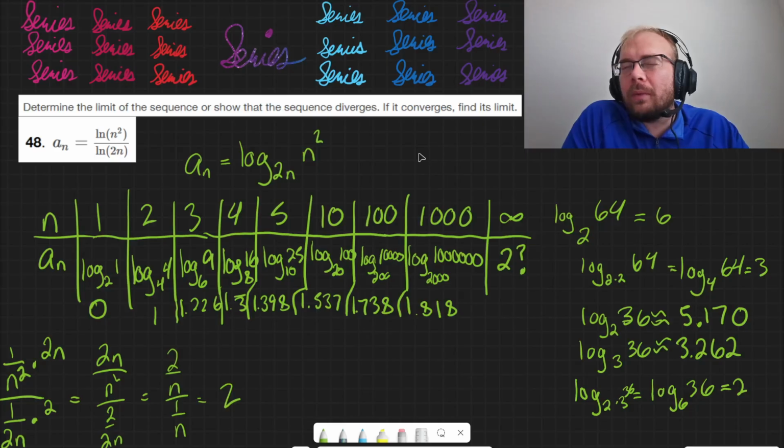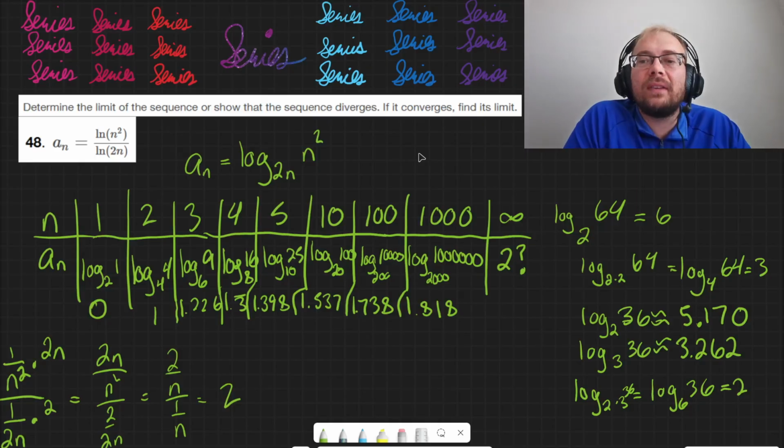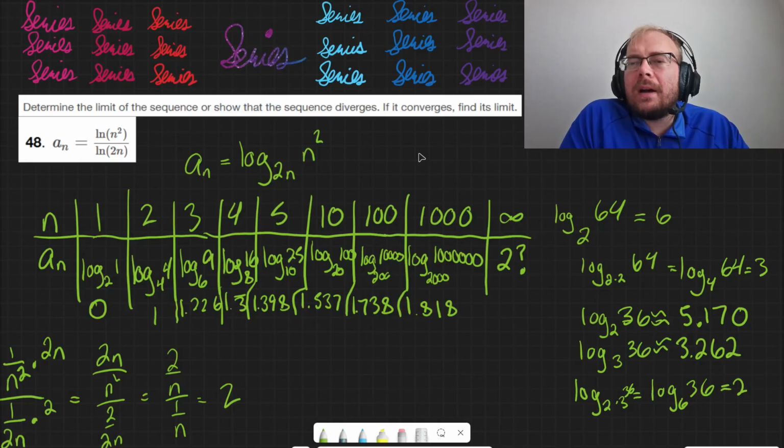I was like, okay, well, we know log base 2 of 64 is 6. Log base 2 times 2, which is log base 4 of 64, is 3. So I was like, okay, is there a pattern here? What kind of pattern could I try to find? Because I was trying to remember a way to split up the base of a logarithm, and I was trying to remember what that was.